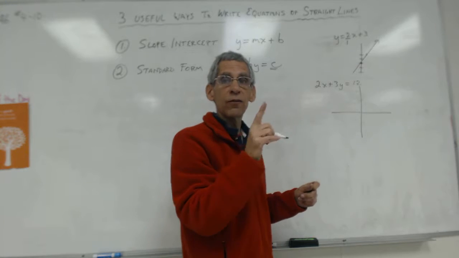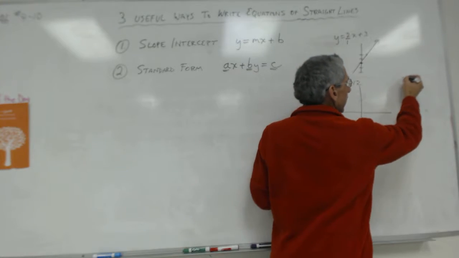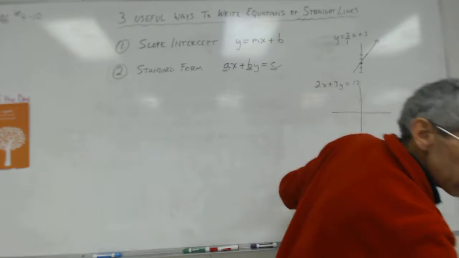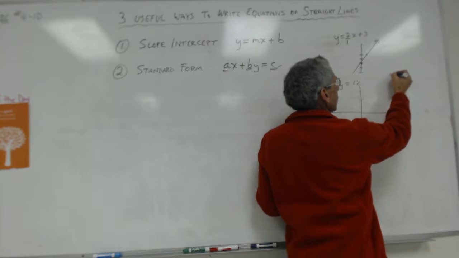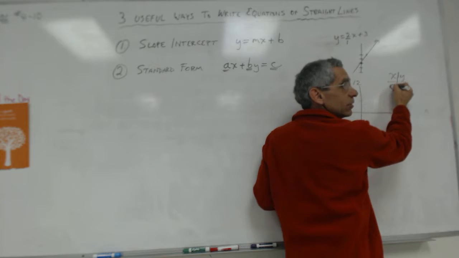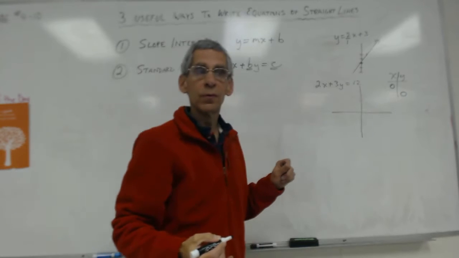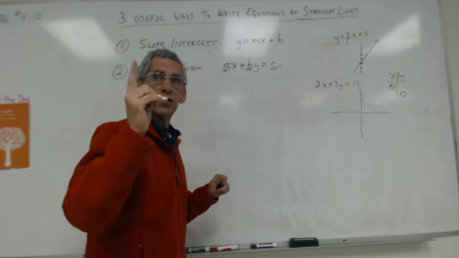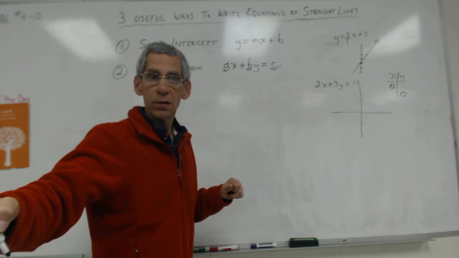You can use a T-chart for everything. I think I did teach this. We said when x is 0 and when y is 0, what is the other term? Caleb, make sure you're listening. Oh yeah, you did teach that. Remember this? Yeah, it's x, y.